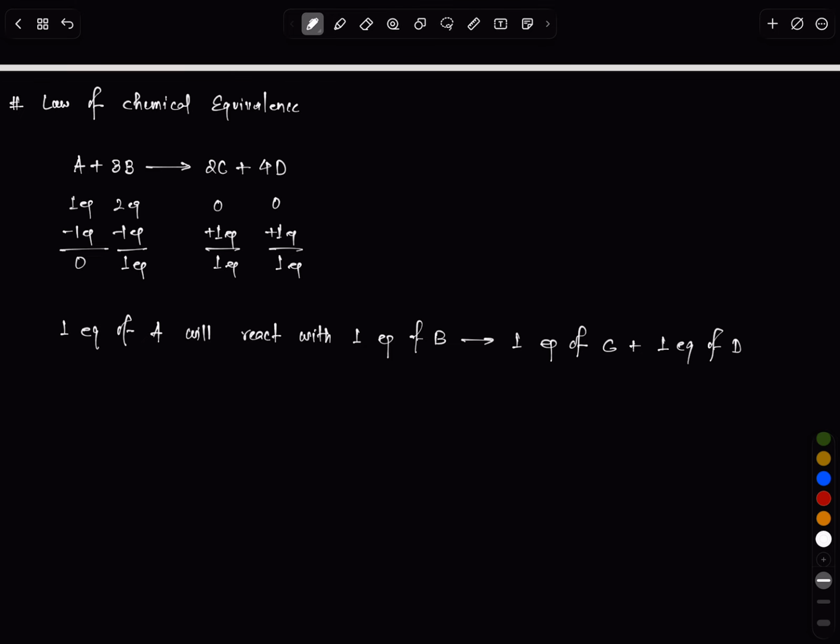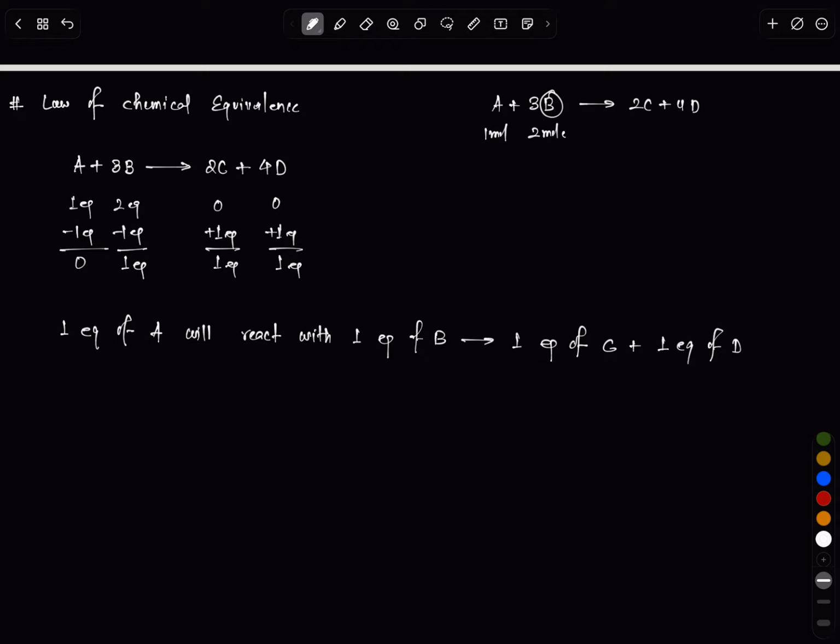Instead of equivalent, now if we take mole, A plus 3B, now we have 1 mole of A and 2 mole of B. In that case, B will act as the limiting reagent, because for 3 mole of B, 1 mole of A is required.